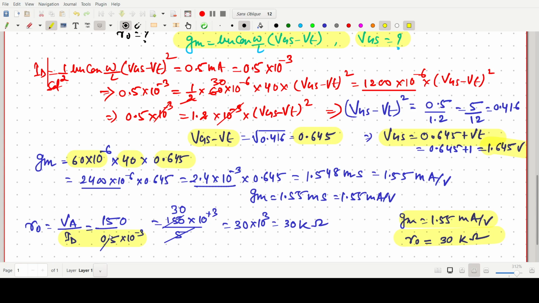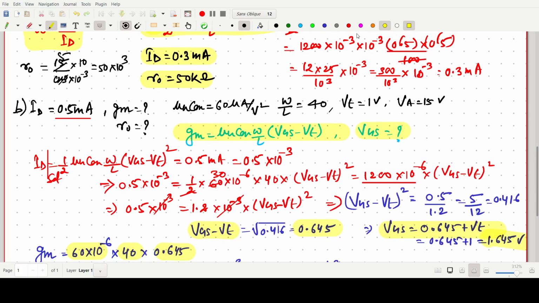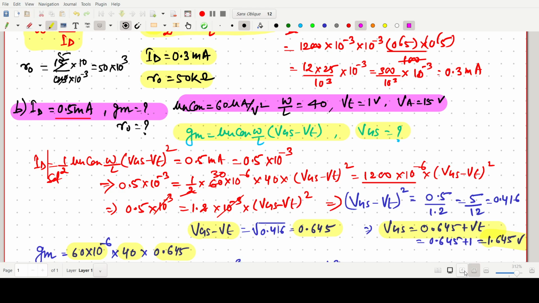So like that you can solve this problem, and this problem is very simple. But the thing is that you have to remember some formula. Like gm can be very easily remembered by the ID equation, then differentiating: del ID by del VGS.